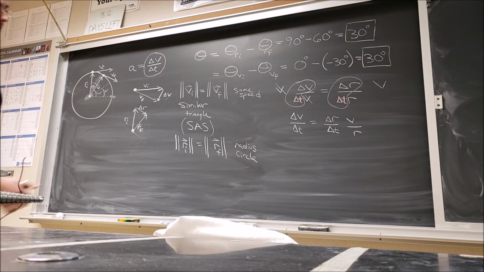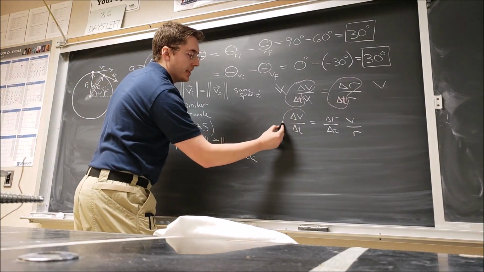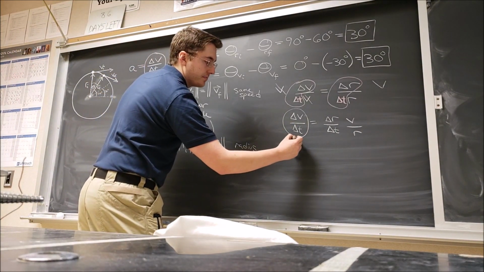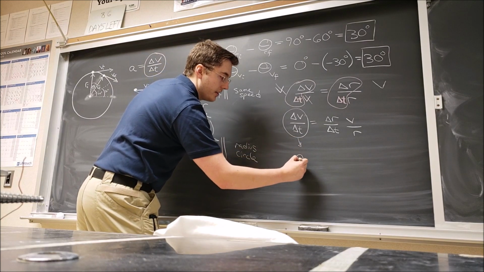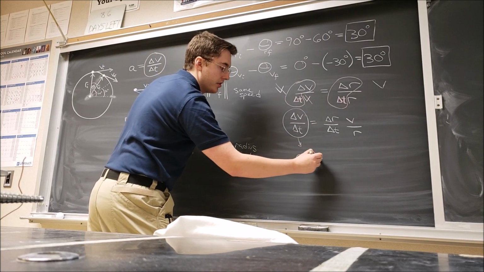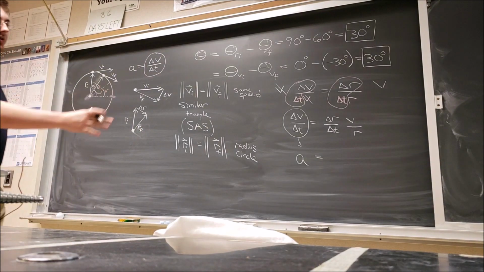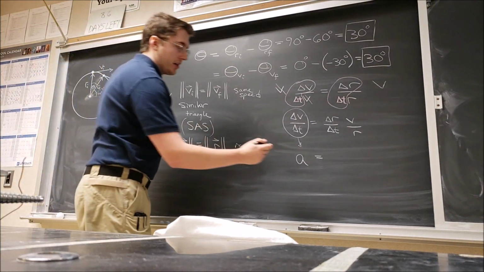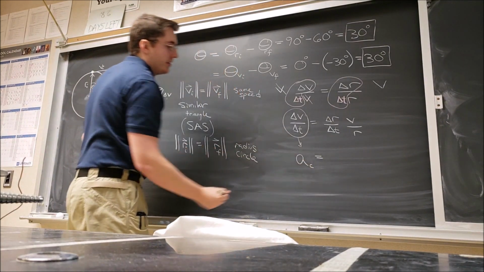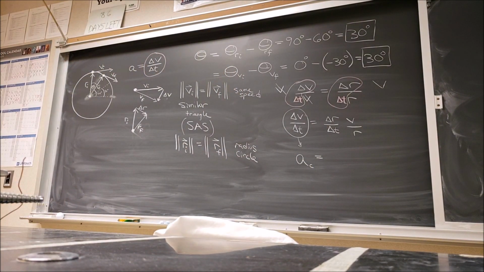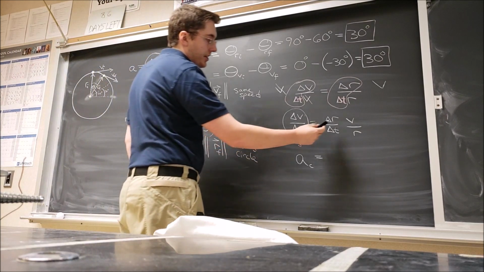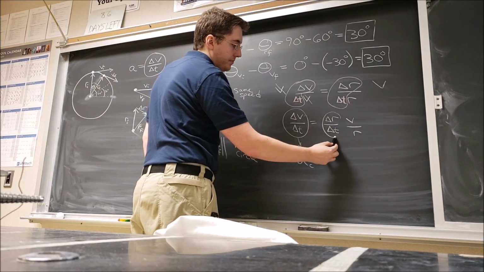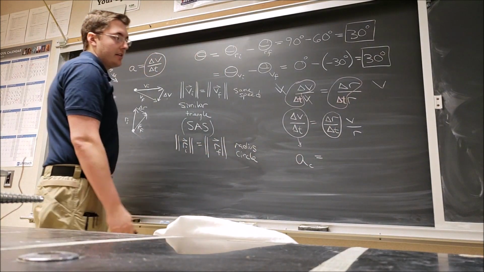So you look at this, and we said that that was just acceleration, right? So acceleration equals, now based on everything we've done so far, this is the acceleration only because of a change in direction. So we're going to put a C there for the centripetal acceleration. And then you'll notice that a change in position over change in time, this thing right here, does anybody know what that is?